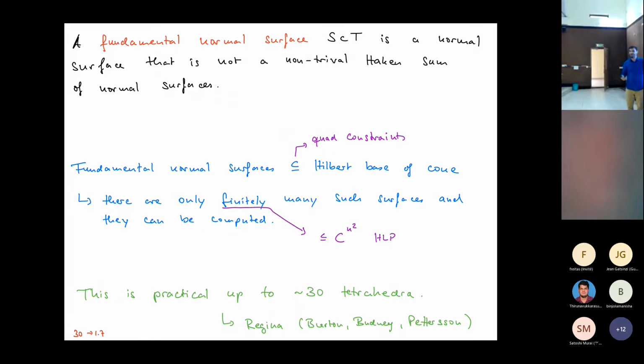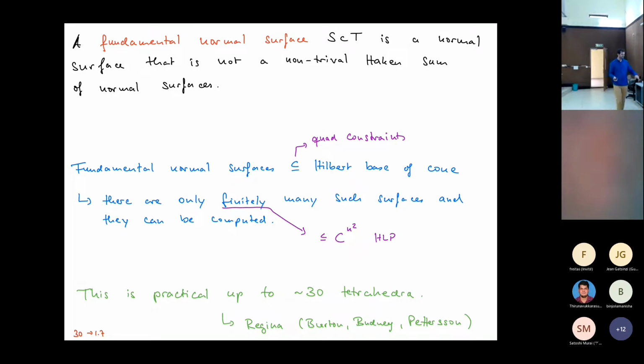I'm sort of throwing the quad constraints under the bus here, but the point is they can be thought of as a subset of a Hilbert basis of the cone, and the take-home message here is there's finitely many of them, and you can actually give a bound. There's some constant c such that there's never more than c to the n squared fundamental solutions, where n is the number of tetrahedra.